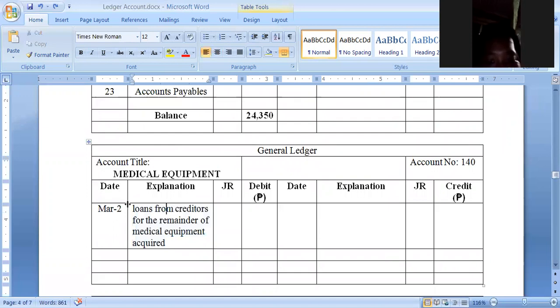Loans from creditors for the remainder of medical equipment acquired. General journal, page 1. Debit 95,000. The balance of the debit is 95,000.